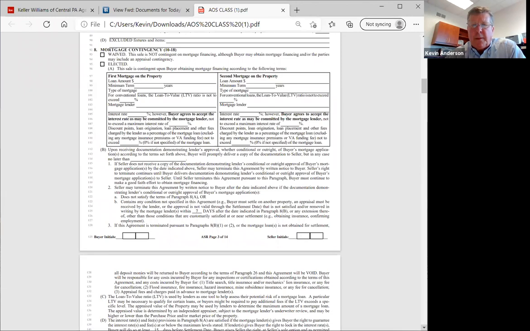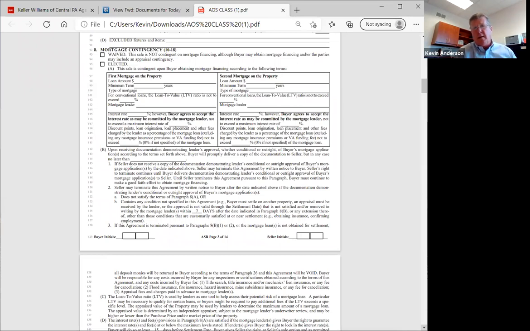And it's important to put in there the mortgage lender, because now you're saying, okay, we're only going to go up to this loan to value. We're only obligated to go to this lender. And I had a co-broke with one of our agents where they said that buyer has to go to another lender. I said, no, we don't.